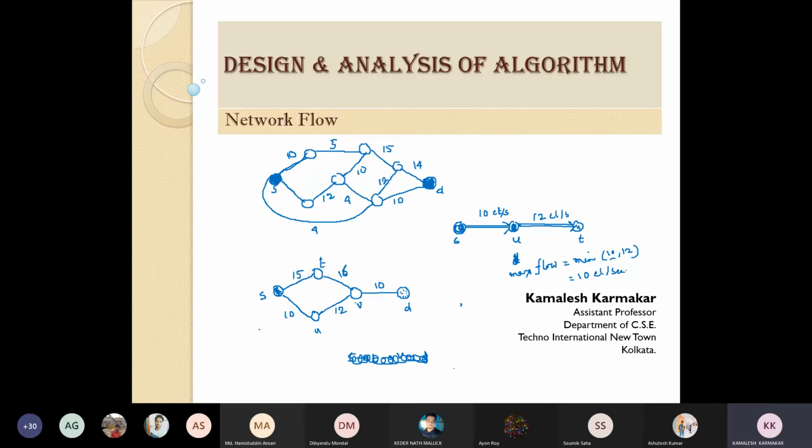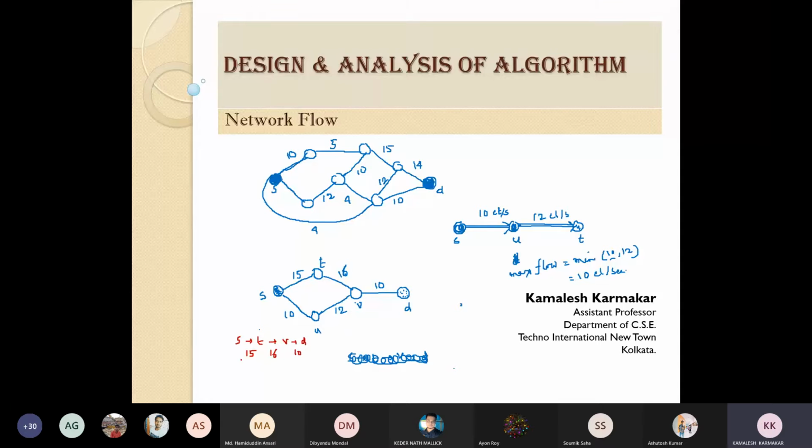One path is this. Let me mark it. If we mark a path like S, T, V and D, the capacity of the link ST is 15, TV is 16, VD is 10.